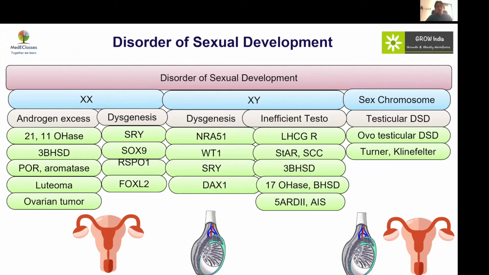Any steroidogenic defect that leads to excess androgen production, by diverting the precursors from the zona glomerulosa and fasciculata to the reticularis, will ultimately lead to high androgens in the form of high androstenedione. They will virilize the female genitalia, causing clitoromegaly and labioscrotal fusion, and give rise to DSD in an XX genotype.